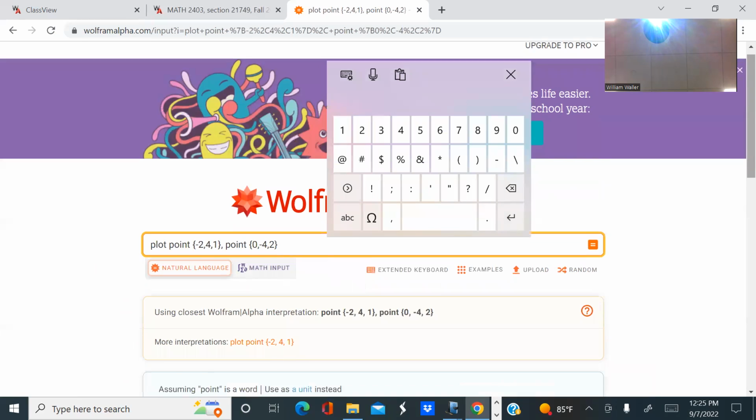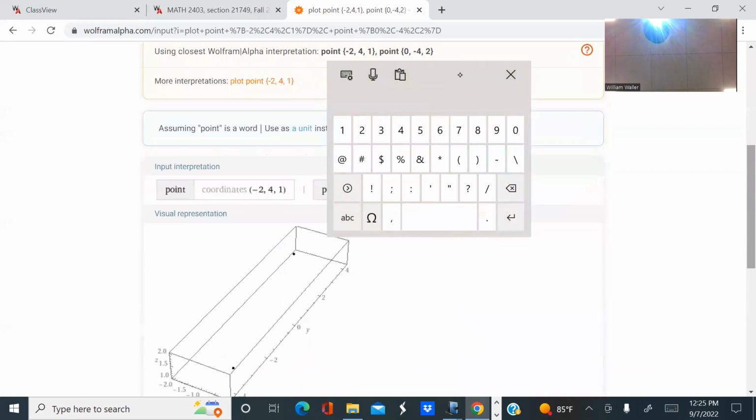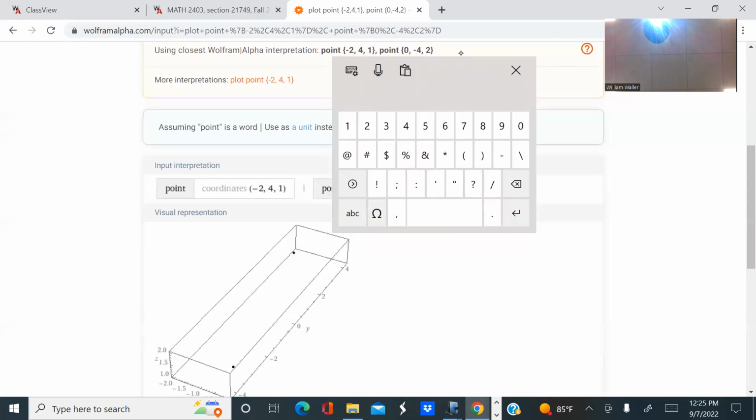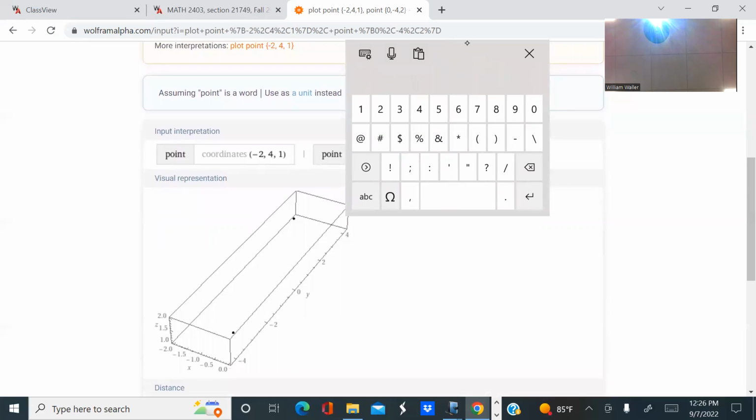So did it do something? Yes. And there's its picture of the 2 points. Let's see if we can make sense of that. What quadrant are we in? See, this is the negative side of the x-axis.